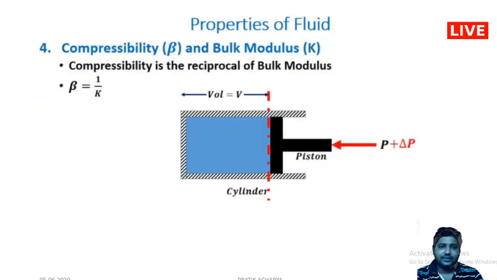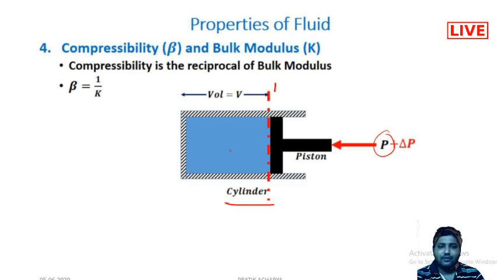Try it at home. Now the next property of the fluid is called compressibility and bulk modulus. Bulk modulus is the increase in strain with increase in pressure. Suppose we take the example of a cylinder. We are applying a pressure P on a piston, and the initial position of the piston is 1.